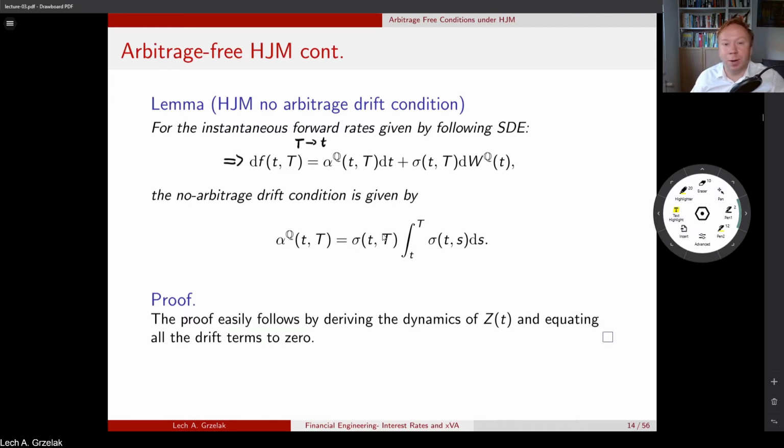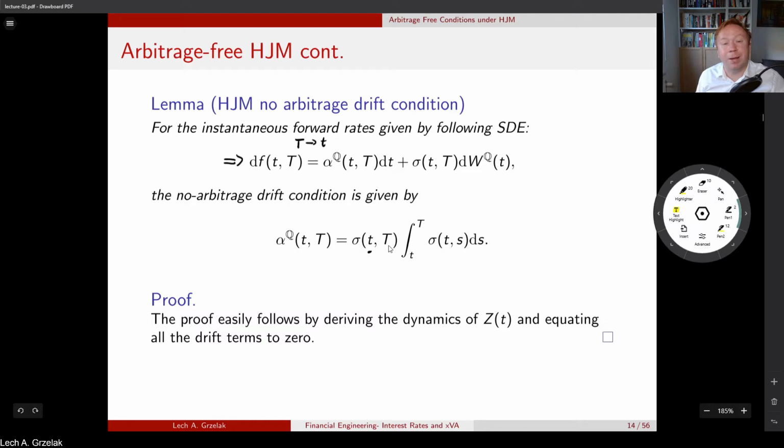So if you have 20 zero coupon bonds and you would like to derive 20 different processes for the instantaneous forward rates, then you have 20 different parameterized volatilities. But in our case, if we talk about only short rates, then this capital T is equal to small t. Then it will be just a function of the time t.